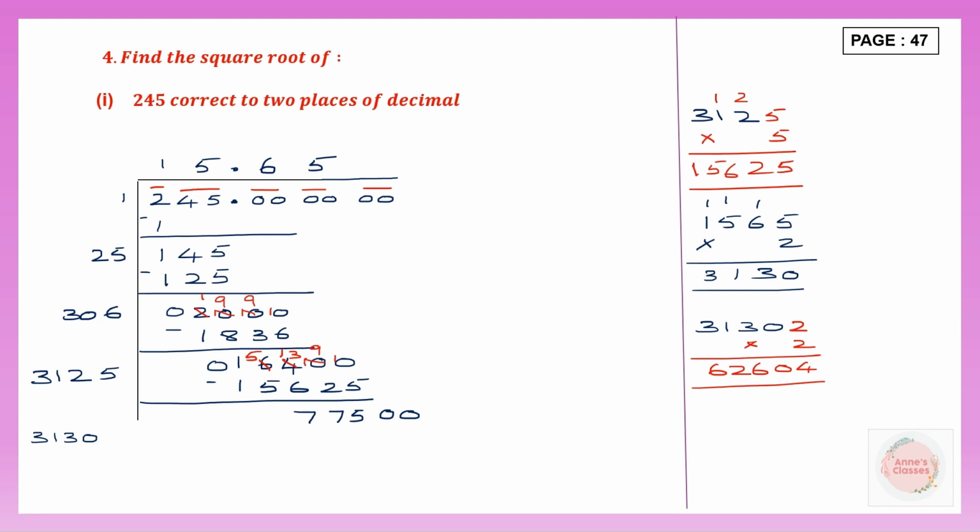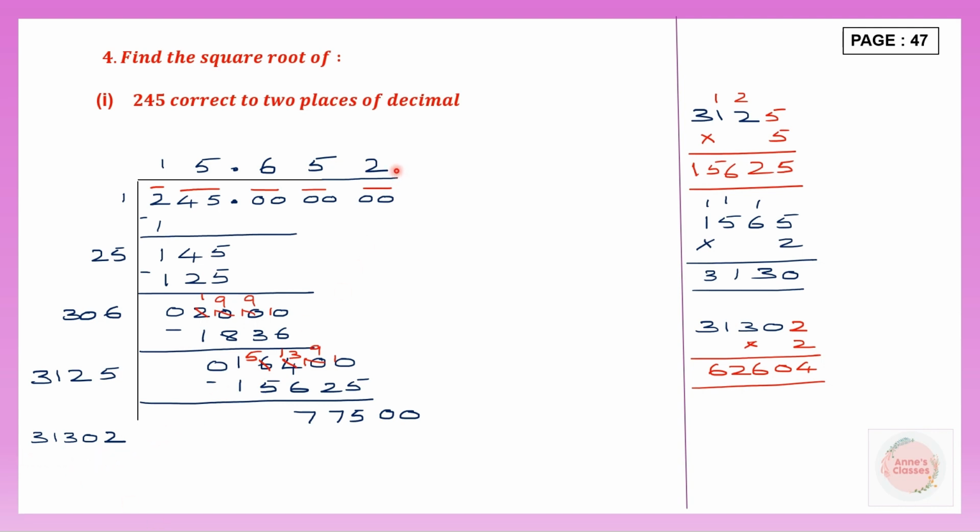So this is 62,604. That should be the closest to this, because if we multiply by 3, then 3 threes are 9. It will go to 90,000. So this must be the most suitable one. That means we have to write 2 next to 3130. So let's put 2 here and carry that 2 on top. So what is our number now?